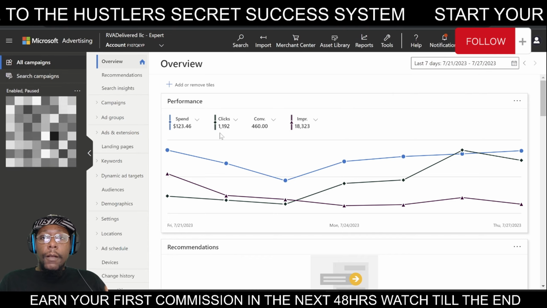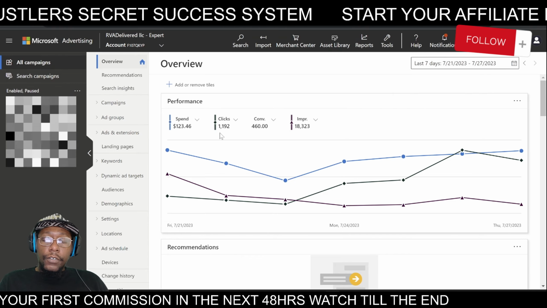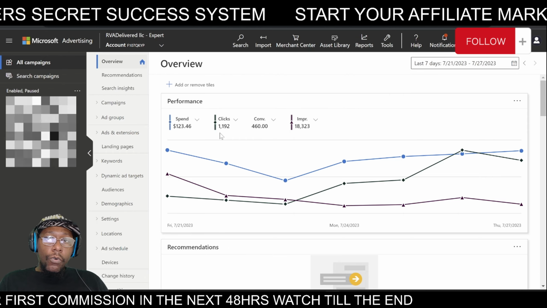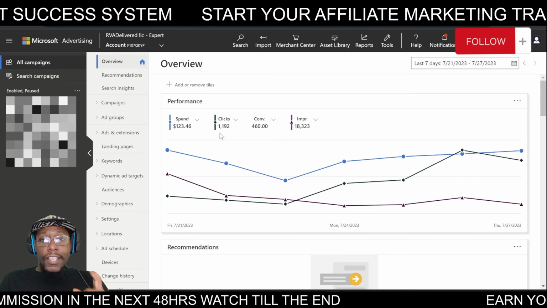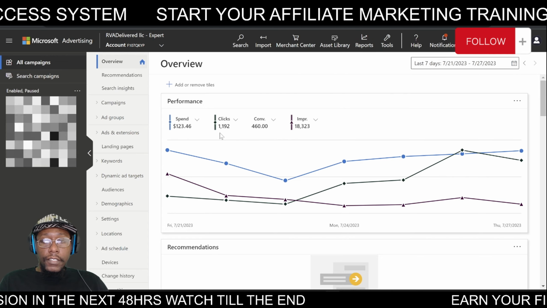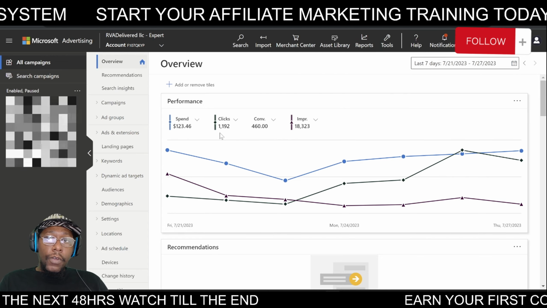Think about the average statistics of the lifespan of one single email subscriber on your email list. The stats show it could be anywhere from $25 to $60 over the lifetime of that one person being on your list.